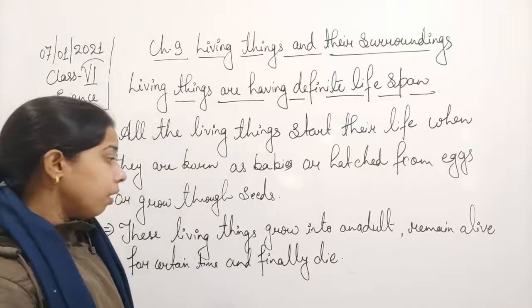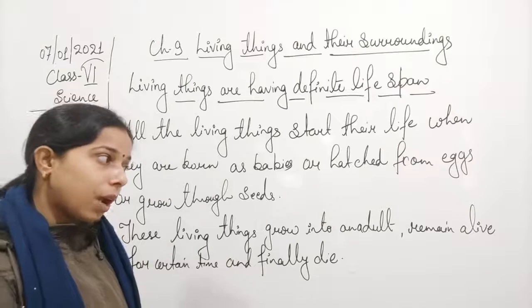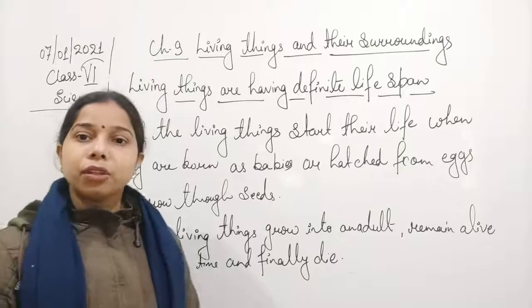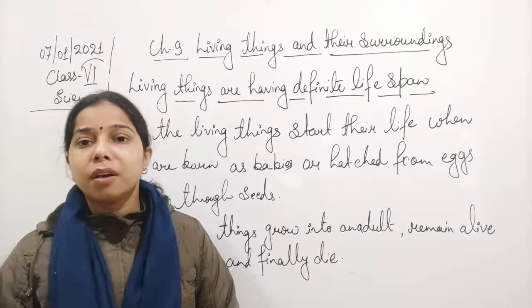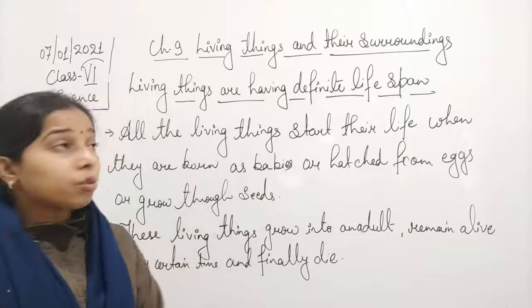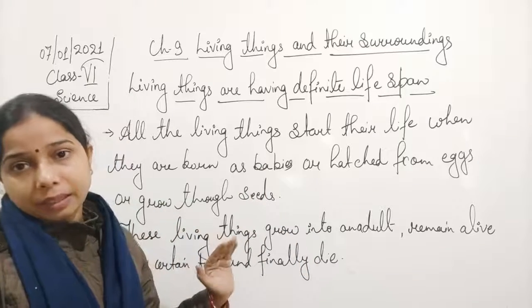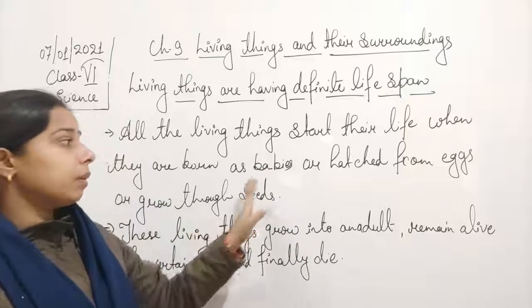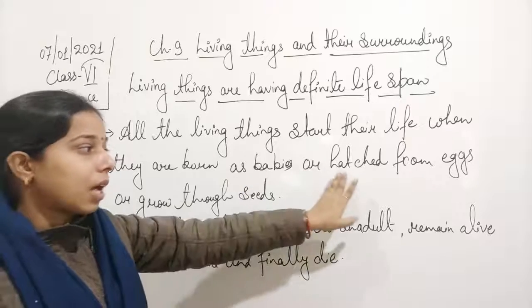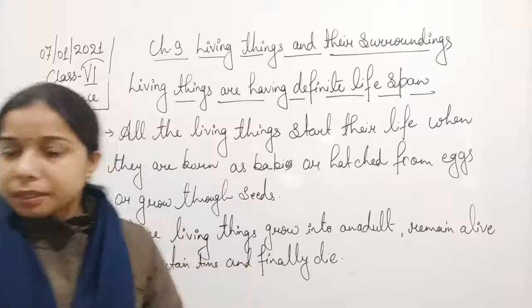Okay, so these living organisms grow into an adult, and even then they remain alive for a certain interval of time, and finally they die. So this thing happens with each and every living thing, whether the living thing is born as a baby, or it is hatched from the egg, or it comes through the seeds.